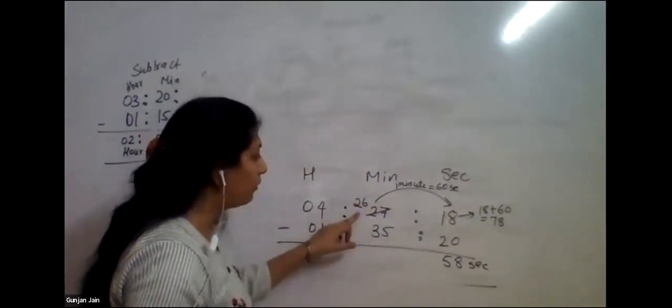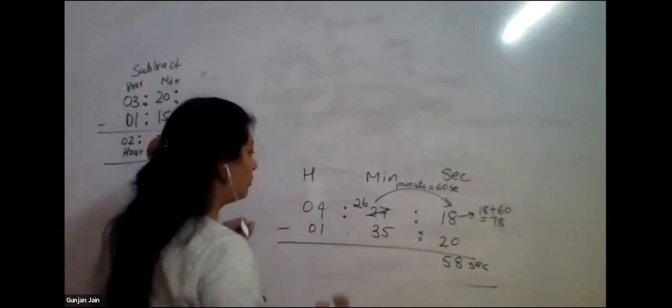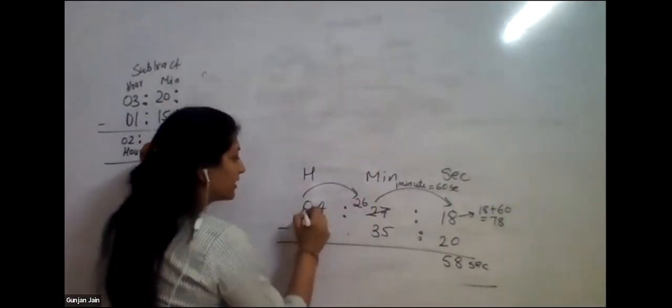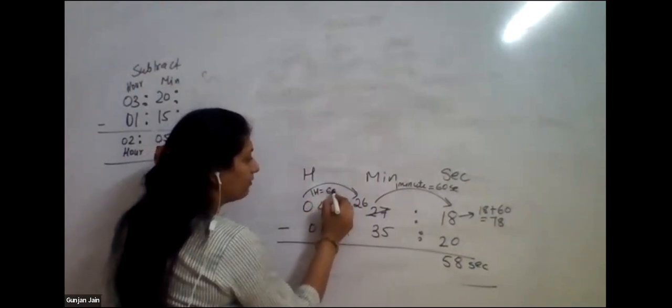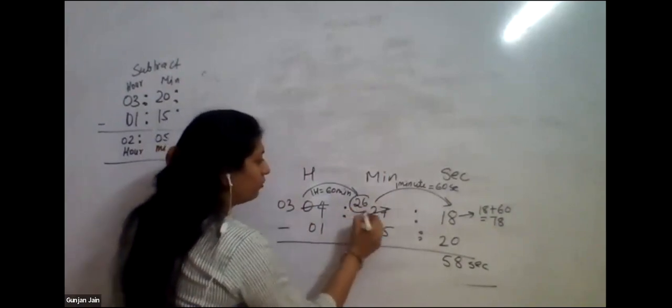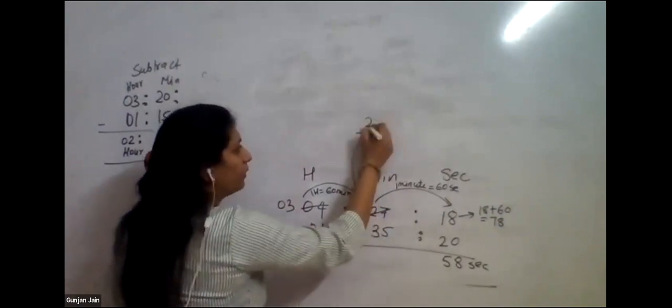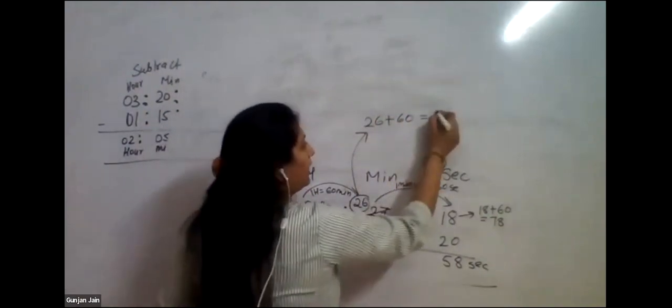Okay. Now 26 minus 35, again we cannot subtract. So again I need to take borrow. So it has given 1 hour here. 1 hour means how many minutes? It has given 60 minutes. So this has become 3 and this new value 26 becomes 26 plus 60, that is equal to 86.